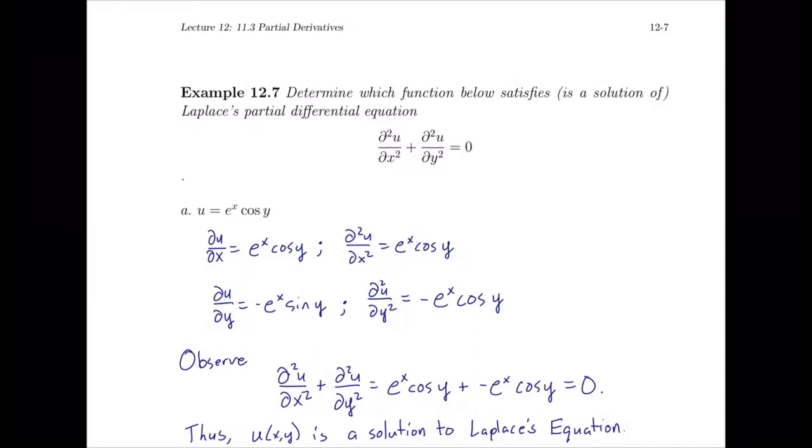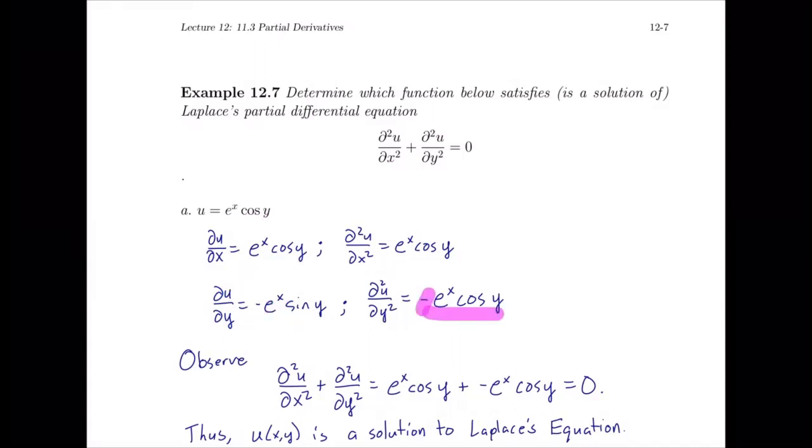On the other hand, when we do partial u with respect to y, we differentiate the outer function, the cosine function, and that's how we end up with a negative sine of y, and then times the constant e to the x. Do that again, we end up with negative e to the x cosine y, differentiating sine of y to get cosine of y.